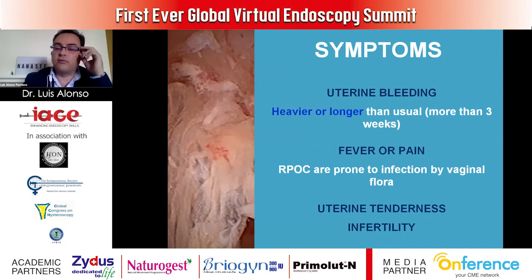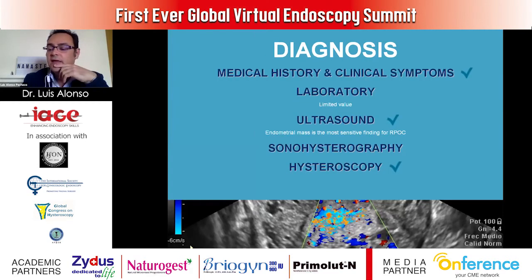Fever, pain, uterine tenderness and infertility can be found, but remember bleeding after the termination. And the diagnosis is based, as you can see there, on medical history, laboratory, and ultrasound. I have made a tick in some of them, especially in the ultrasound and in the hysteroscopy. So for me, ultrasound is very important in this pathology.